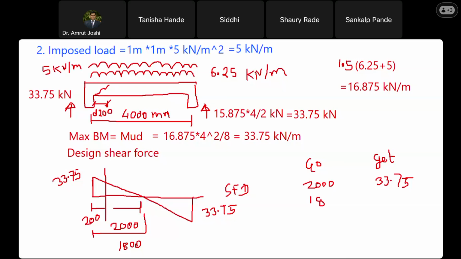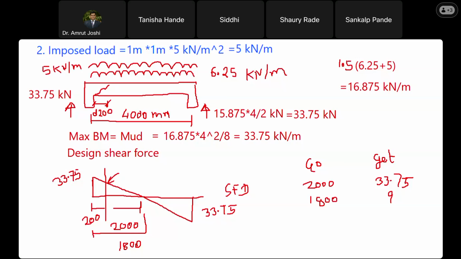You will get shear force of what? Tell me, how much is the shear force at this location? 1800 by 2000 into 33.75. So how much is it? Sir, 1800 by 2000 into 33.75.